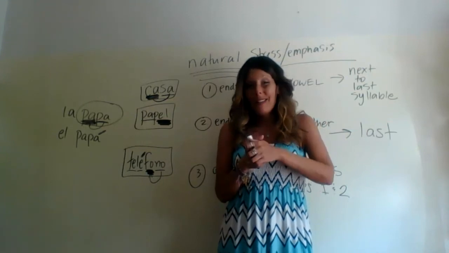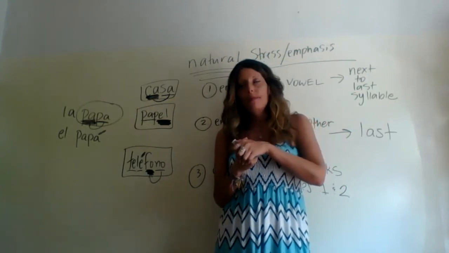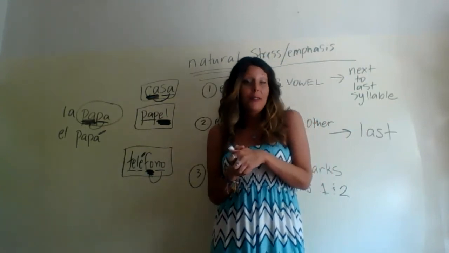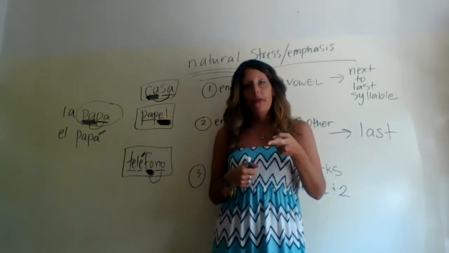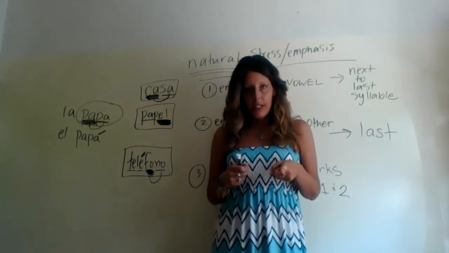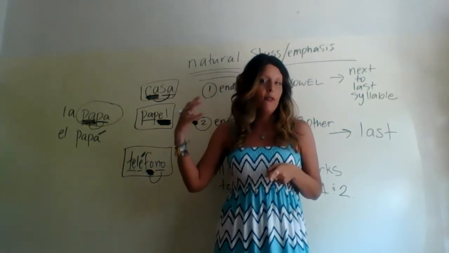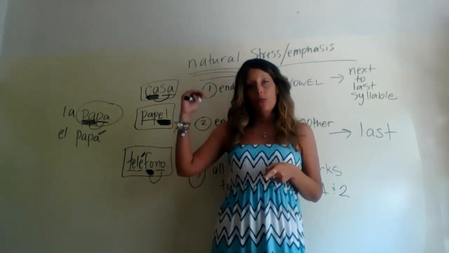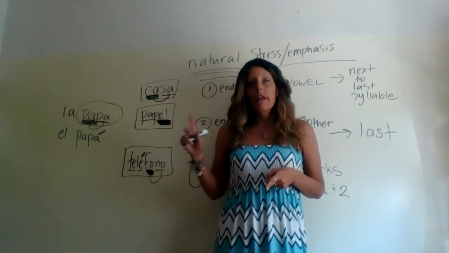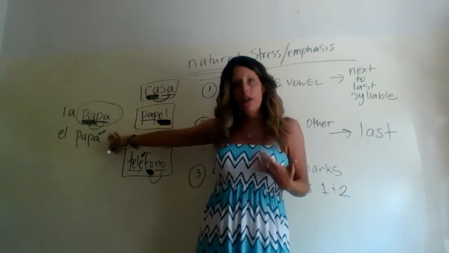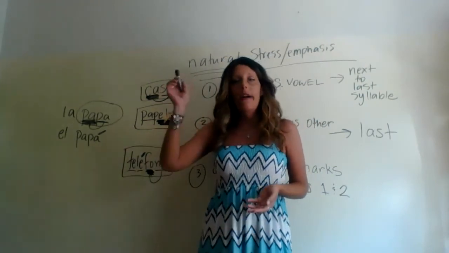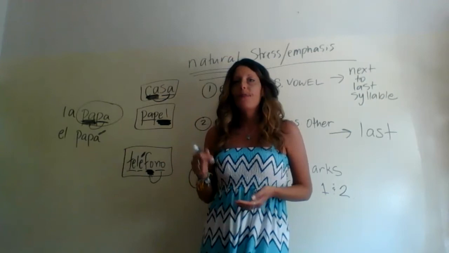So what do accent marks do a lot of the time in Spanish? Override the natural rules 1 and 2 and tell us, no, do not stress it naturally how it would be stressed or emphasized or pronounced based on rule number 1 or rule number 2. Rather, we want you to put the emphasis in your voice when you say that word wherever you see the accent mark.